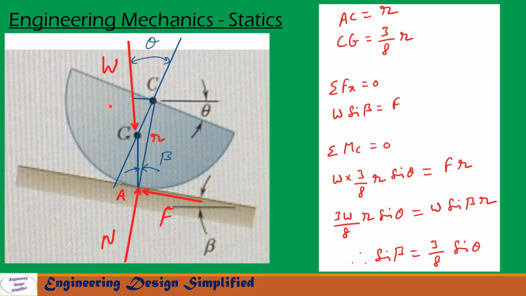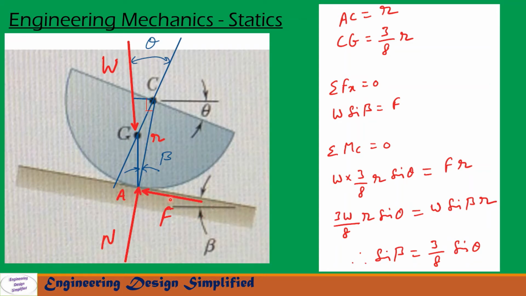The weight of the hemisphere W acts vertically downwards through this CG, and a normal reaction N by the plane acts perpendicular to the plane, and at the same time there is a friction force F acting along the plane.